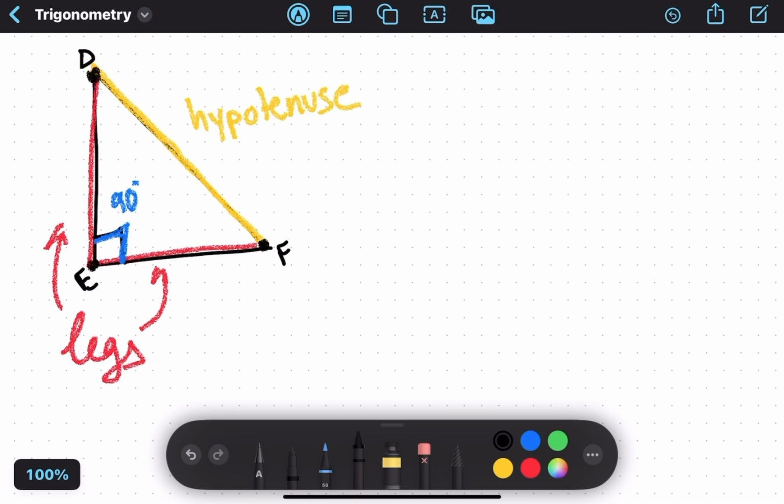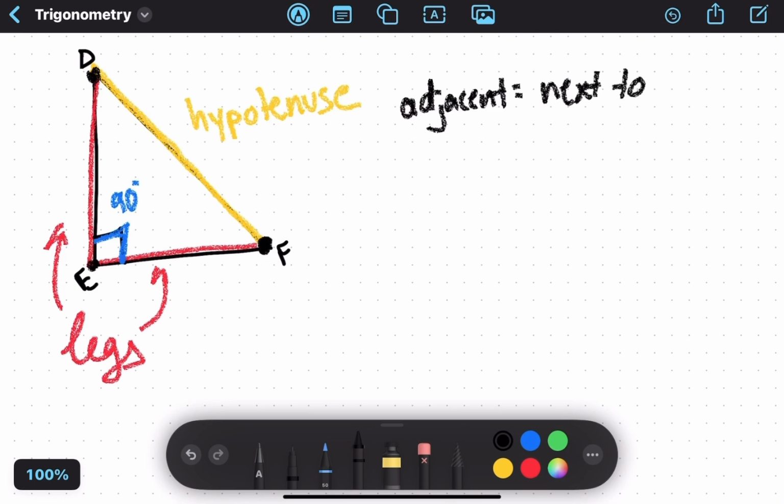The hypotenuse stays the hypotenuse, but the legs can be considered adjacent to a point. And what does adjacent mean? Next to.